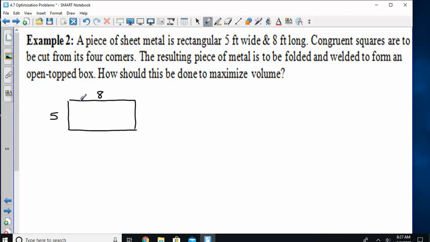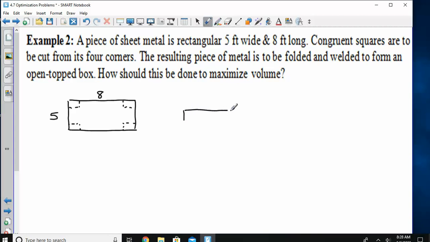Congruent squares are to be cut from each of the 4 corners. The resulting piece of metal is to be folded and welded to form an open top box.